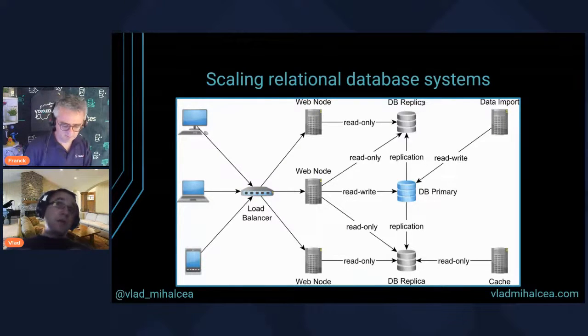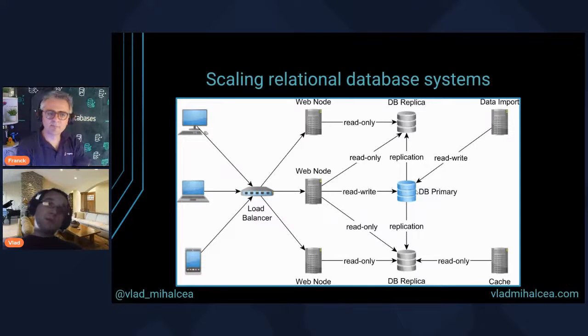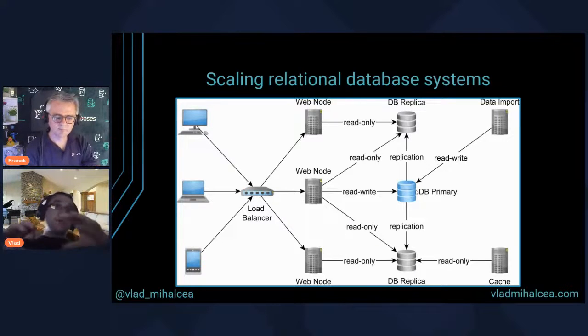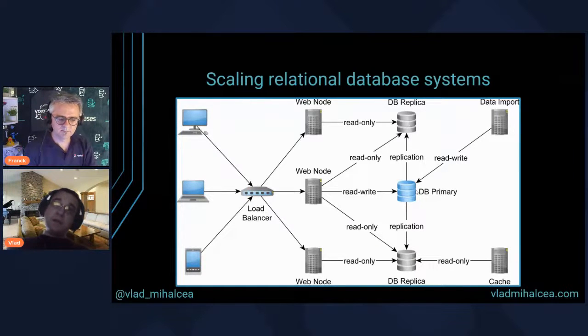But if you take a look, this is the most typical way of doing replication, where you have a single primary node and multiple replicas. These replicas accept read-only traffic, like read-only transactions, reading data. But all the changes have to go to the primary node. So that's one limitation that we have here. When you're developing your Spring application, you want to scale your application, so you're going to use this replication.